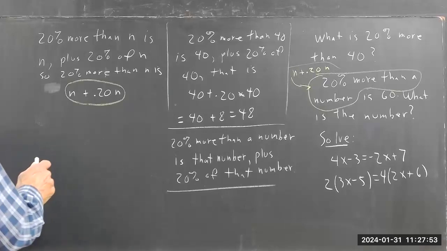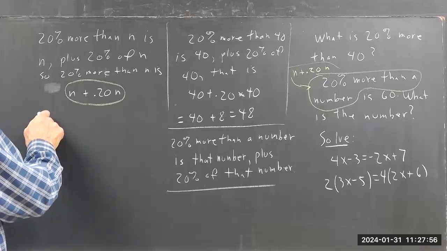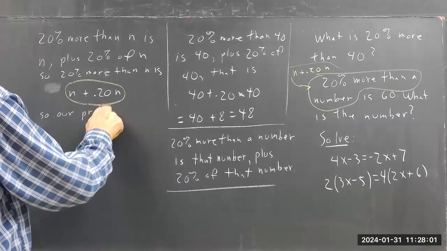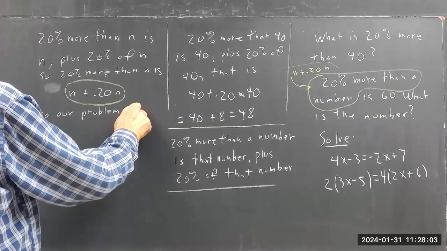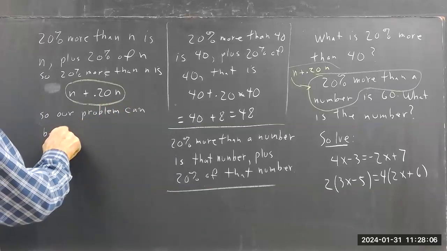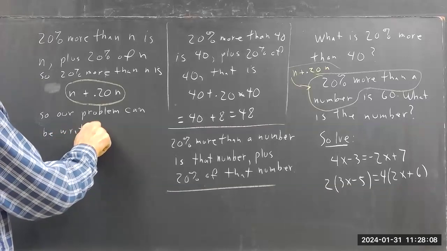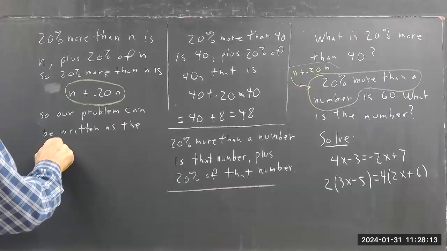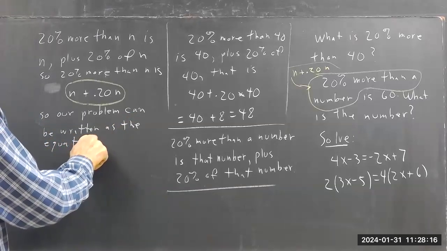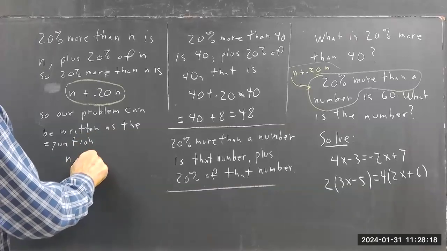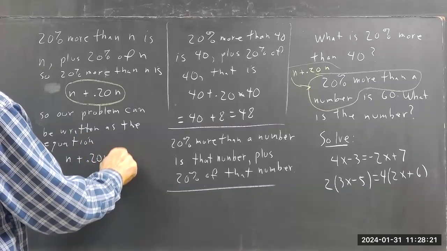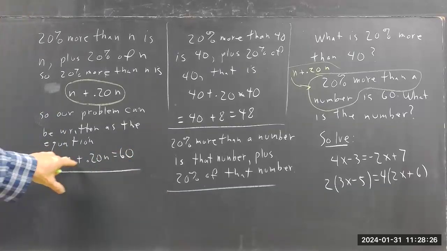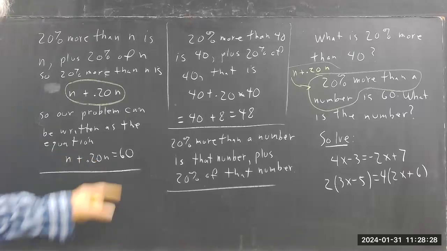So now we can say it probably could be written as the equation N plus 0.20 N equals 60.